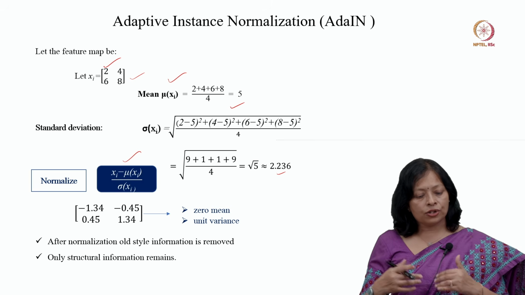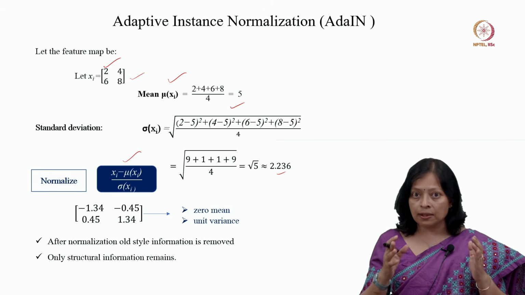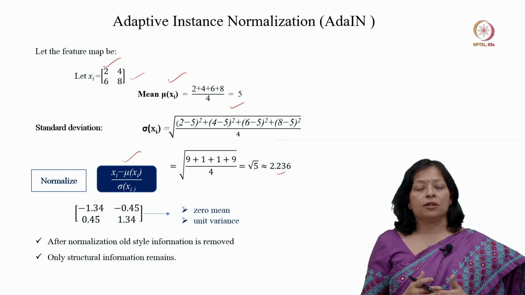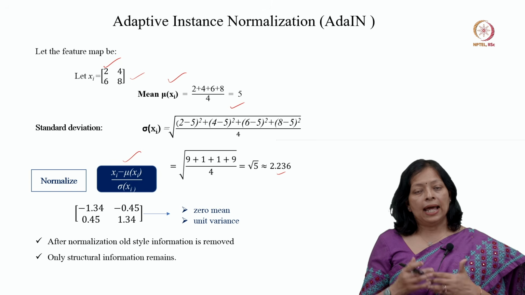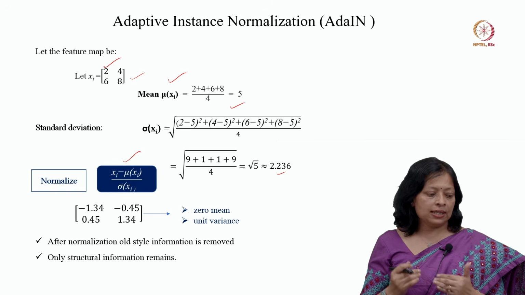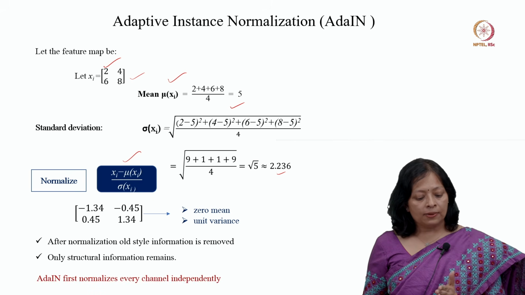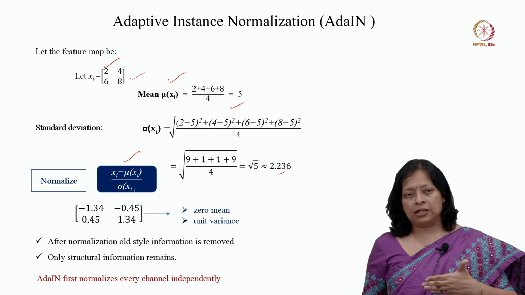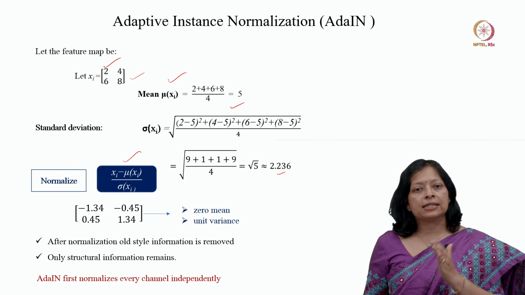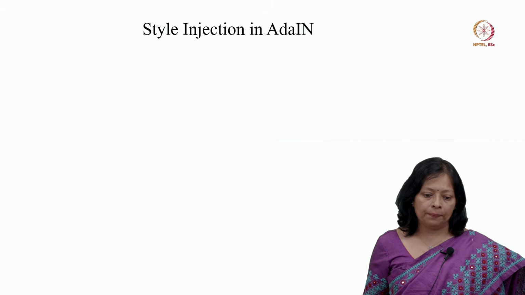After normalization, the old style information is removed. That is the main reason for doing this normalization process. Only structural information will be present. So this is the normalized feature map, and over this the styles will get injected. AdaIN first normalizes every channel independently, so every channel coming in the feature map gets independently normalized.